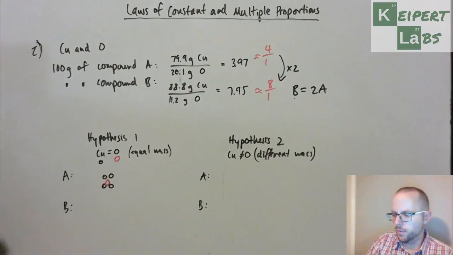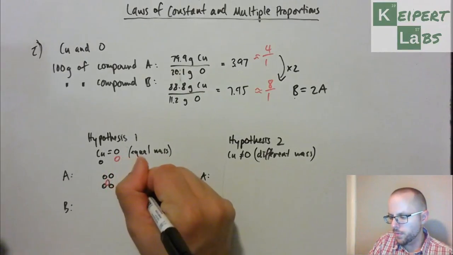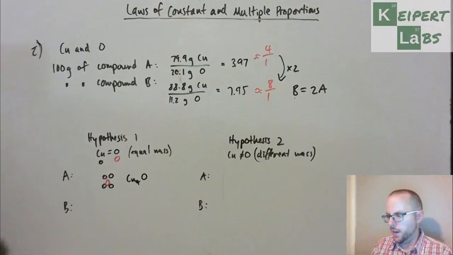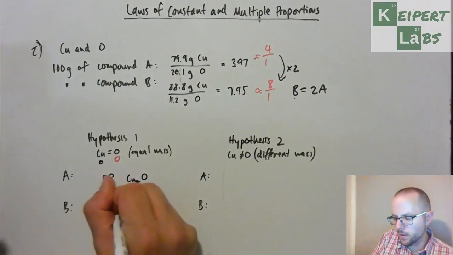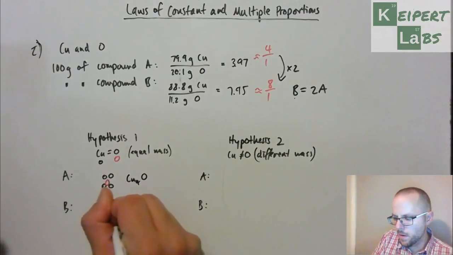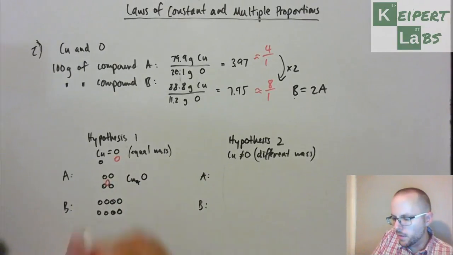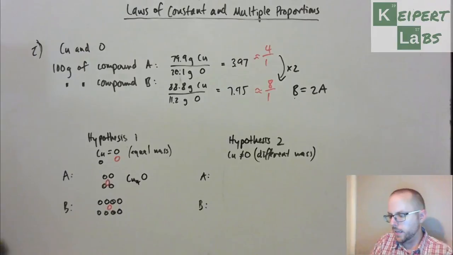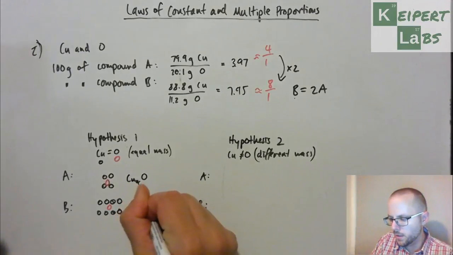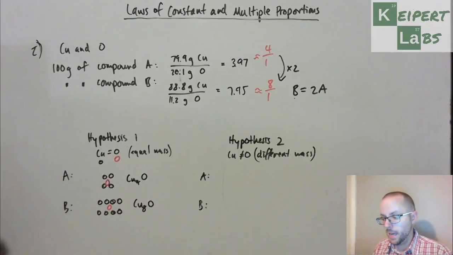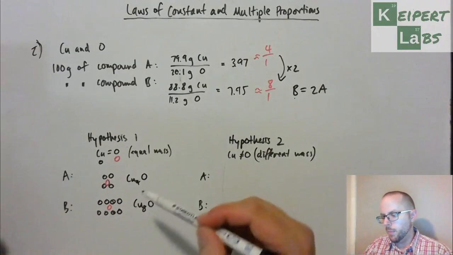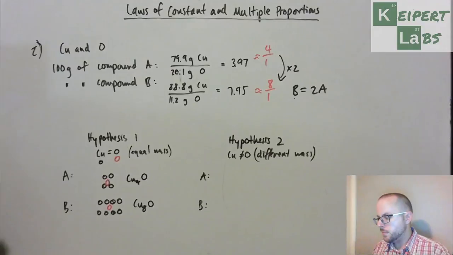So I've got a compound which is Cu4O. Then for the value of 8 to 1, I've got 8 coppers for every 1 oxygen, so I get Cu8O. That would explain the mass ratios if they had equal masses.